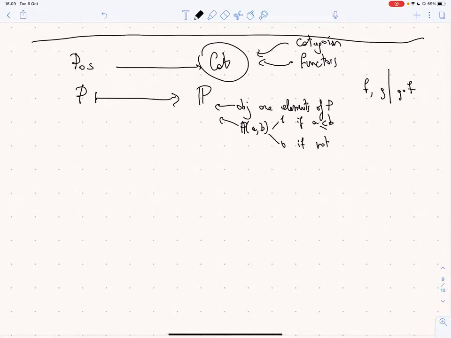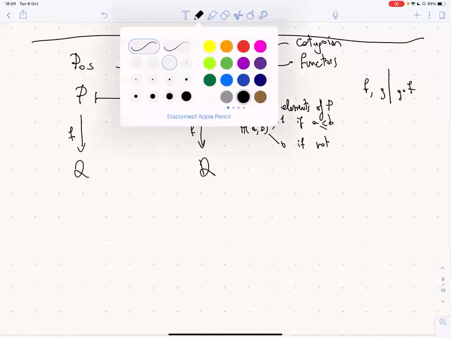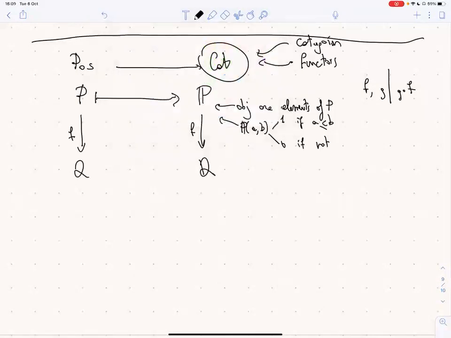Okay, so this is the assignment on objects, and the function is just sent to the function. So the monotone function is just sent to itself, and we can check that this is functorial with respect to the structure.